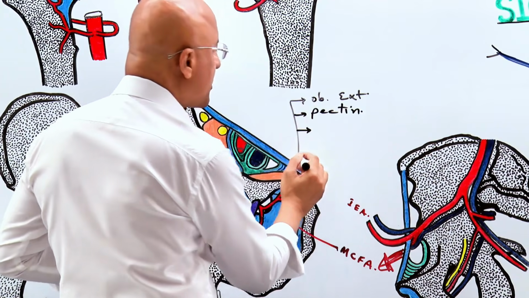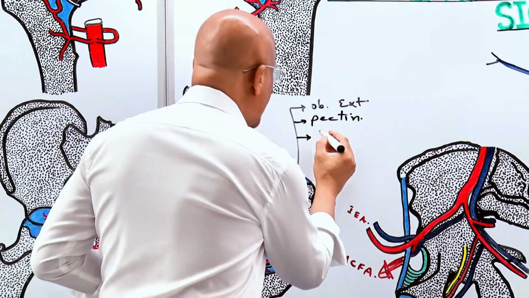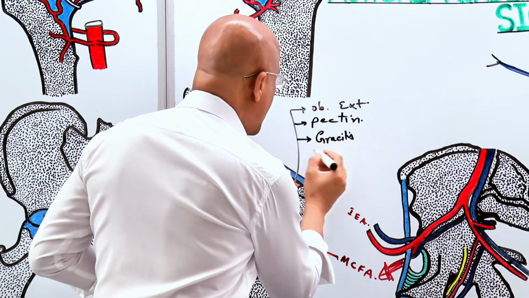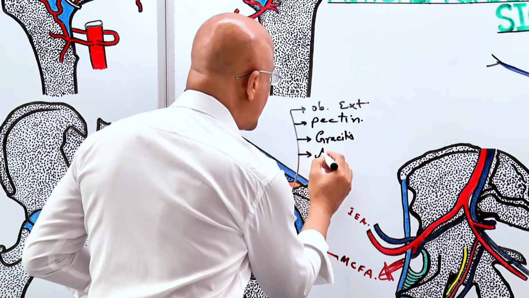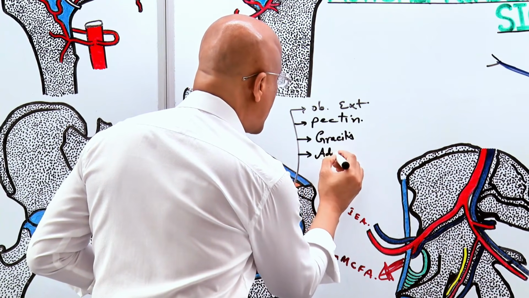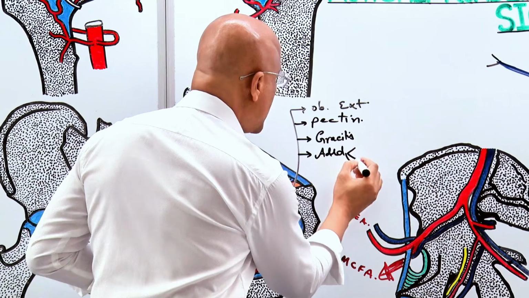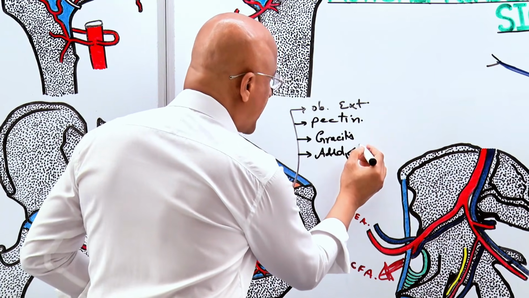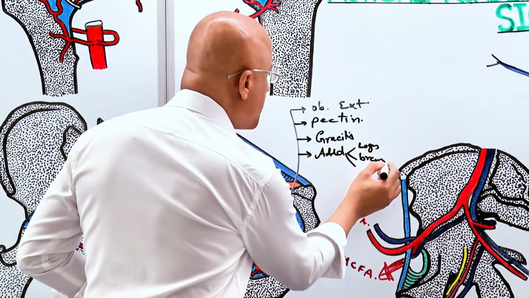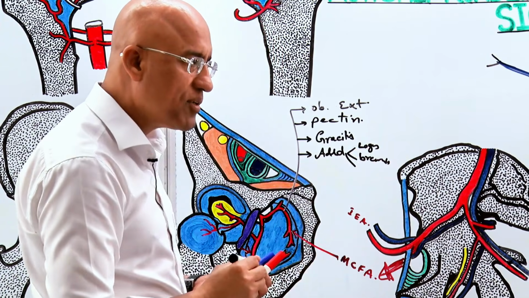then they give gracilis, for your graceful legs, and then the adductors, especially which adductor? Adductor longus and adductor brevis and maybe adductor magnus.